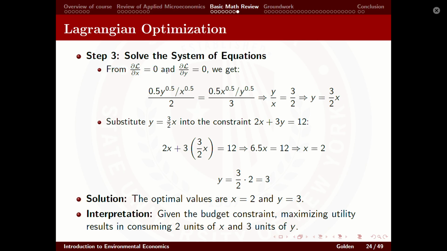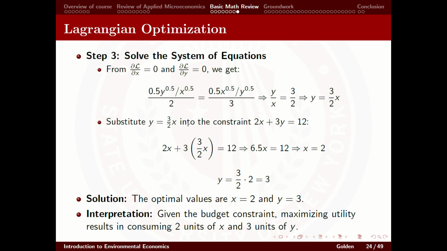From the Lagrangian derivative of x equals 0 and the Lagrangian derivative of y equals 0, we set them equal together. We get x over y equals 3 over 2. Y equals 3/2 x. So now we have this really nice relationship, which is the marginal rate of substitution between the variables, which is also coincidentally the slope of the indifference curve.